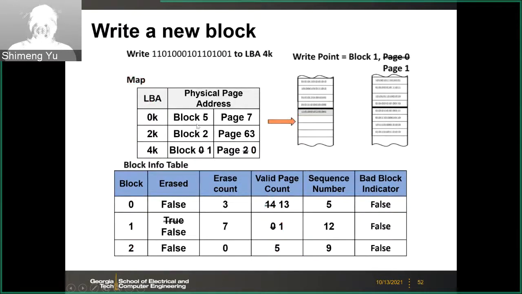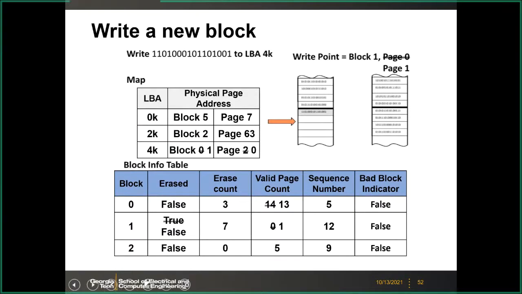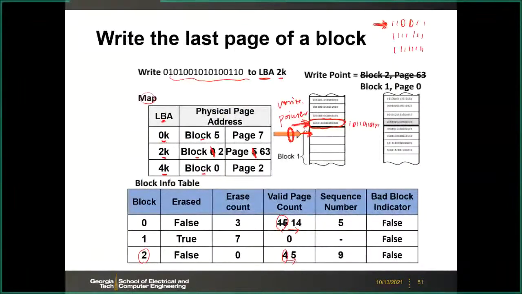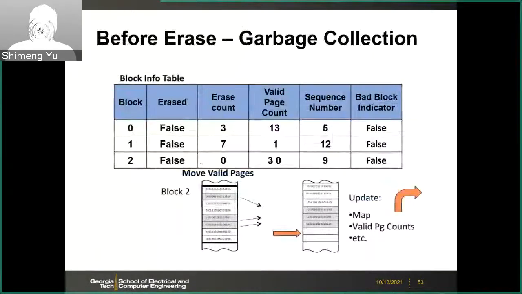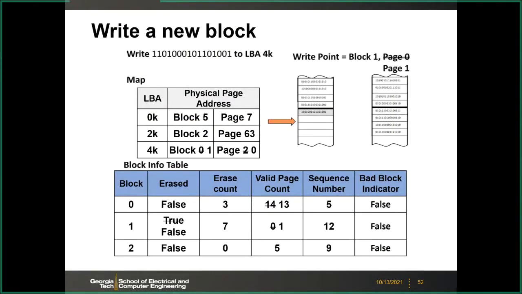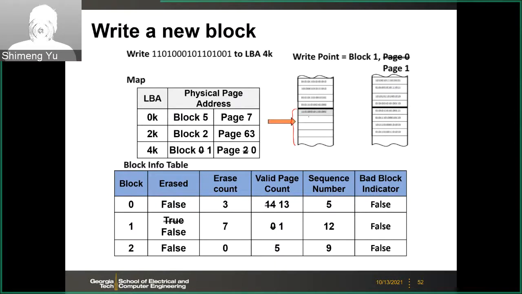So here we write to a new block. I believe this is block 1. This block 1 is a completely new block, so it's all ones.